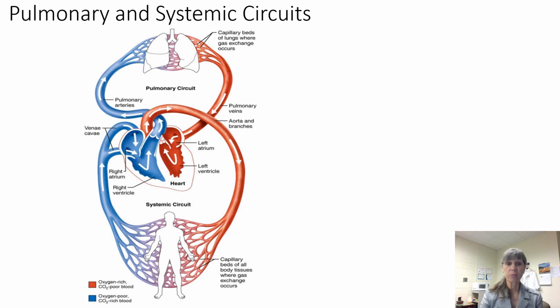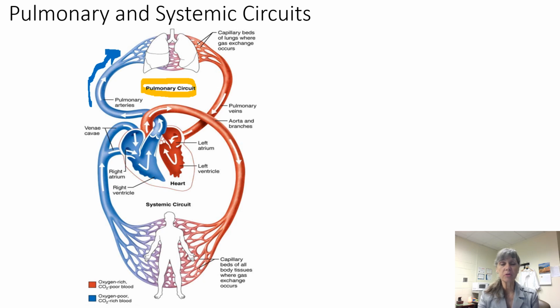If we look at this picture and look at the top portion of this picture, you'll notice that there is a pulmonary circuit, and that portion of blood flow is going to receive oxygen poor blood that has already delivered oxygen to body tissues, and that blood is going to go towards the lungs.